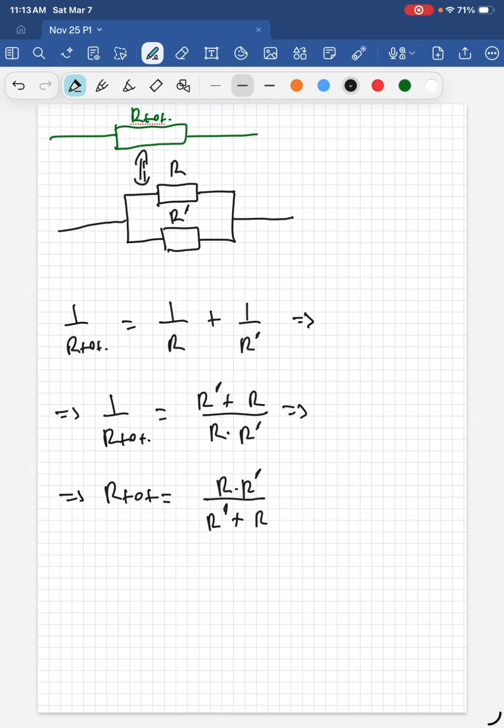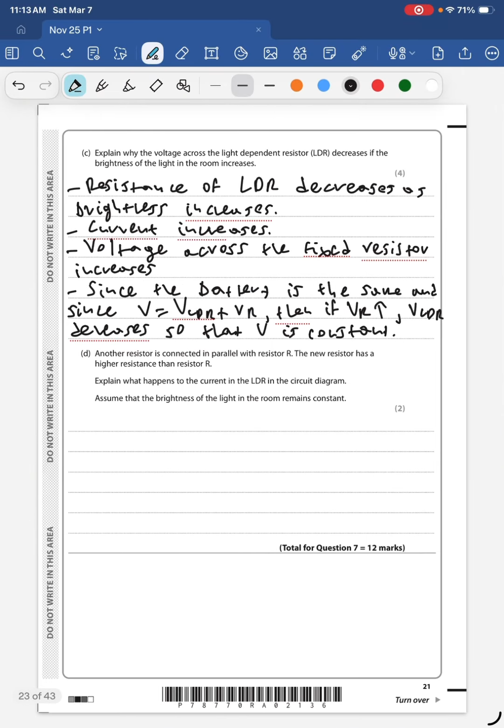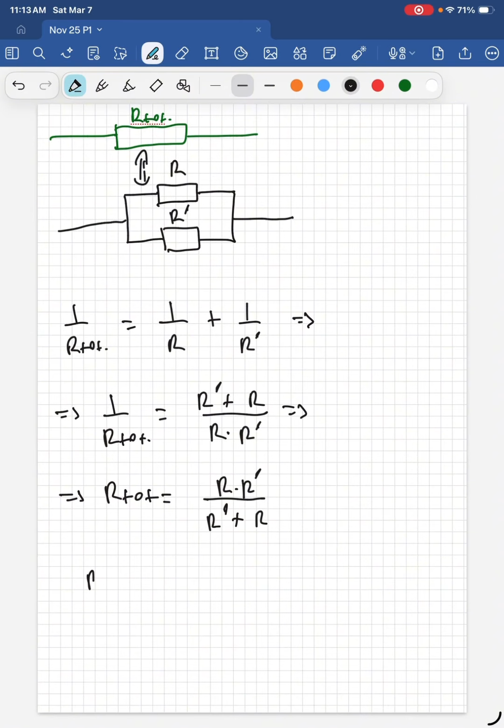So this is going to be lower than the resistance R itself. Let's write this down: R total is smaller than R. You can see this by, let's say that this is 10 ohms and this is 20 ohms.